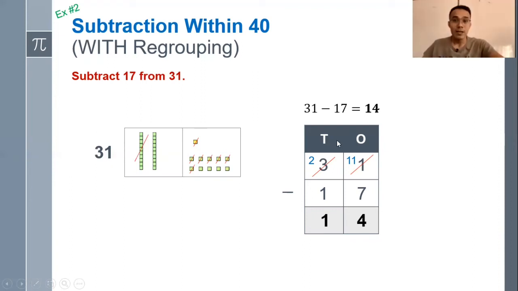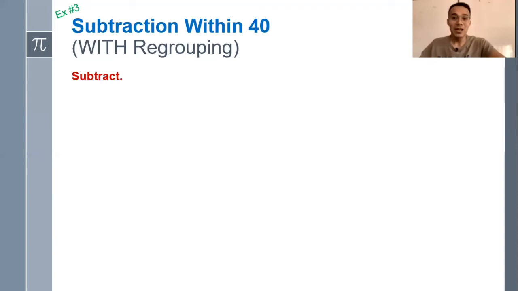All right. In order for you to be able to understand the procedures on how to subtract numbers with regrouping, I have here another set of practice exercises. Example number 3, subtract the following numbers.